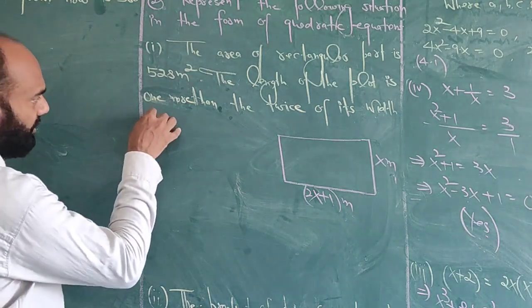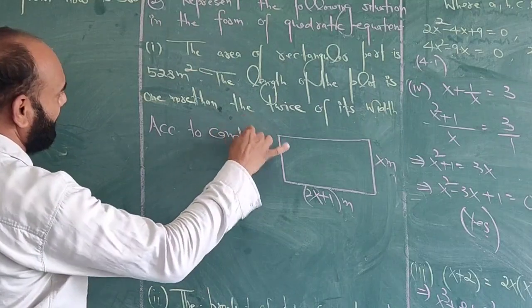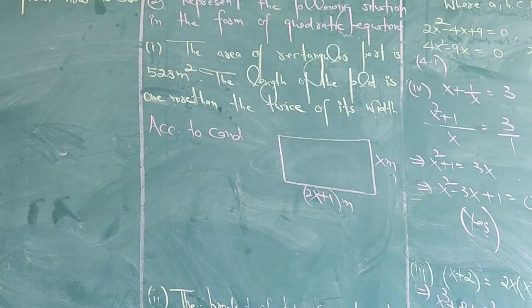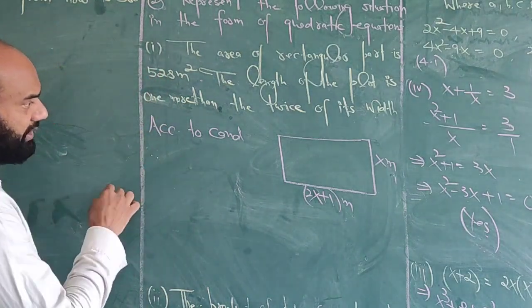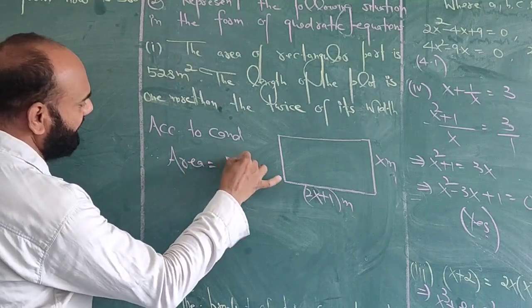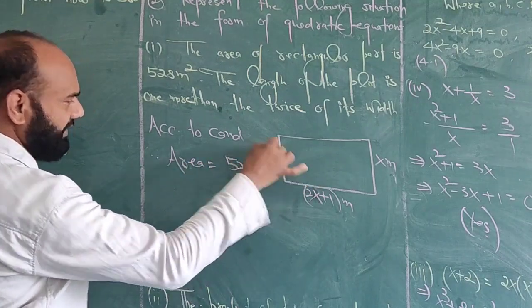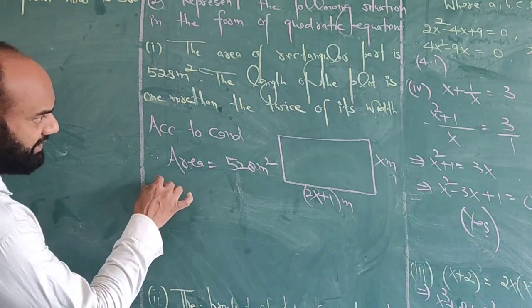Now according to the conditions, the area of this rectangular plot is 528 meter square. And we know the area of a rectangle is equal to length into breadth.